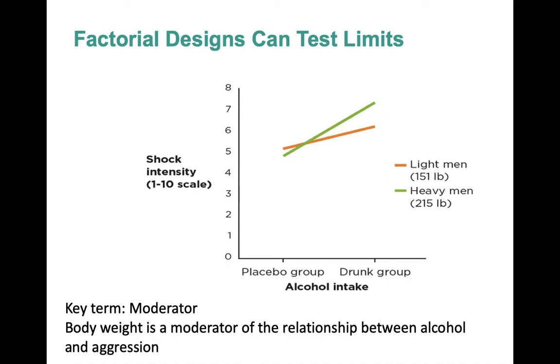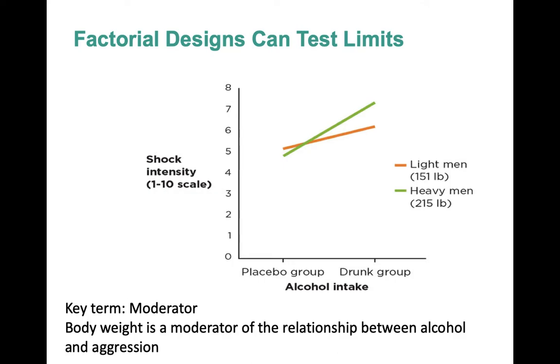So we can talk about moderator variables, a concept that has been in previous lectures, but we'll return to it. A moderator is a variable that changes or affects the relationship between another IV and a dependent variable. We say that the effect of the IV on the DV is moderated, or depends on the level of another variable.